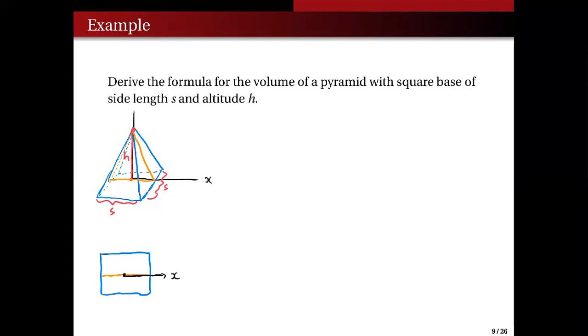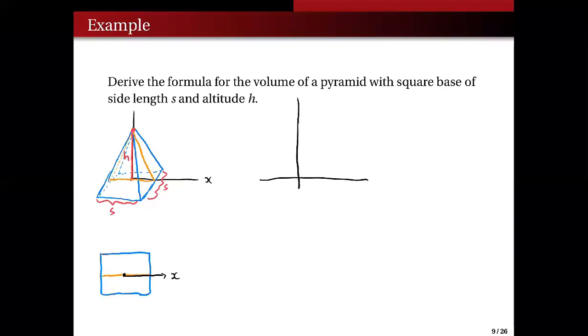Now let's look at the front view and that portion of the pyramid, this cross section, the orange part. For the cross section, we have the following.